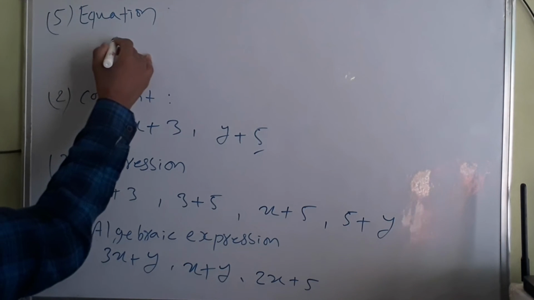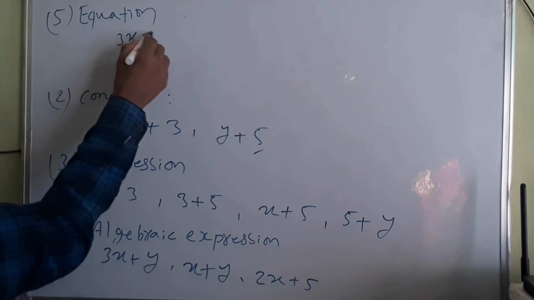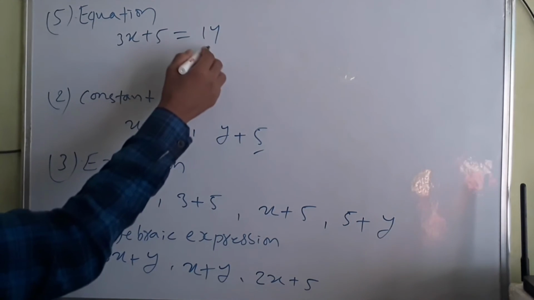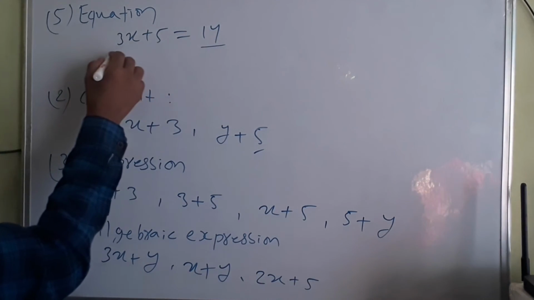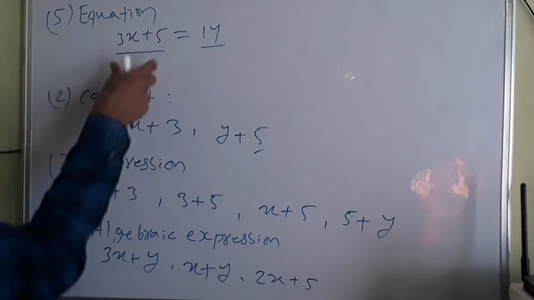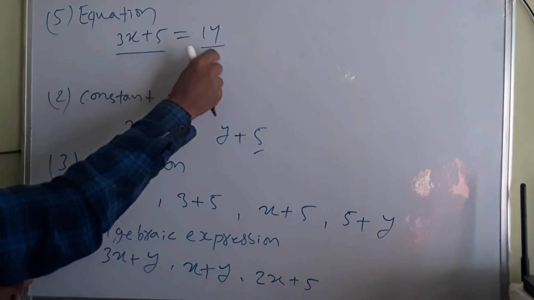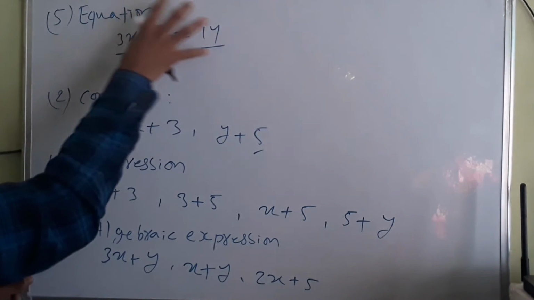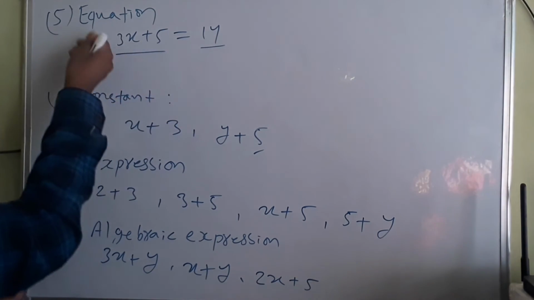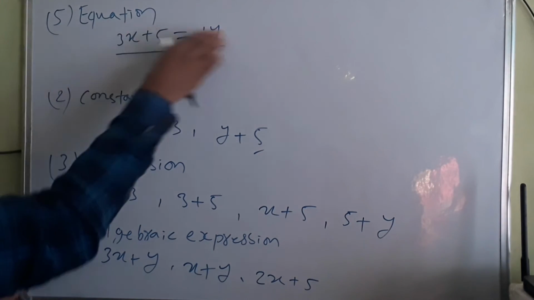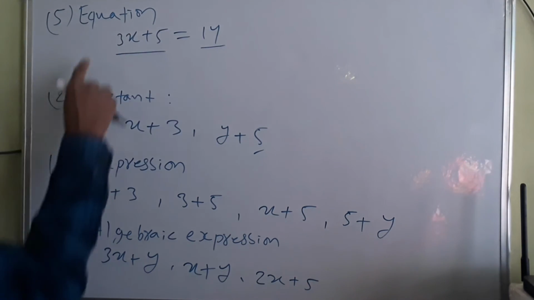For example, you can have like 3x plus 5 is equal to, let's say, 14. So here 14 is a term and this whole is an expression. So this expression is equal to this term right over here. So it shows an equality. That's why this whole can be called an equation. Okay, this is an equation.